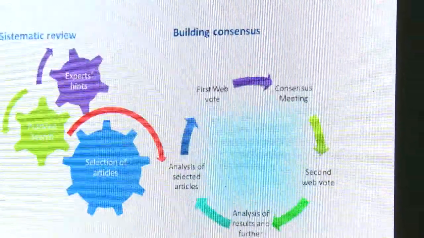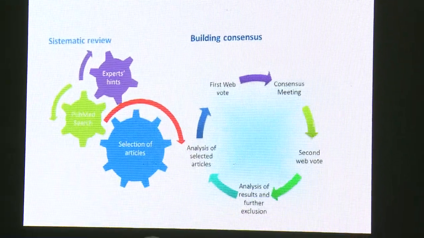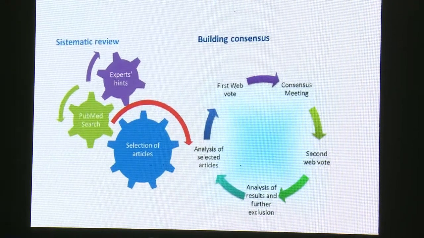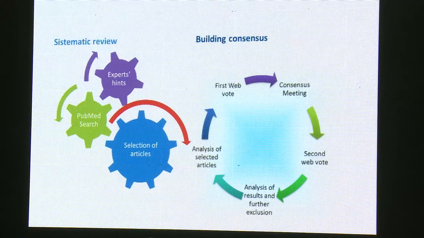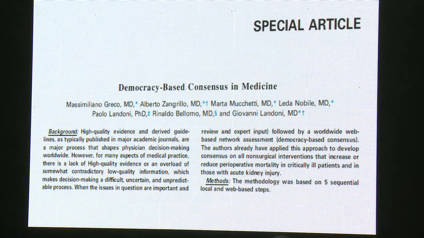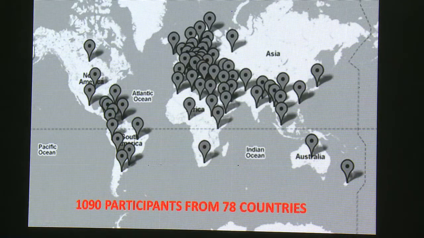So this is a mix between a consensus process, and we have added a bit of democracy because we asked 1,000 colleagues to agree or not with the topics that we identified. So we attempted to identify all the randomized evidence that lead to mortality reduction in cardiac surgery, and then we asked 1,000 colleagues from 78 countries to agree or not with these topics.